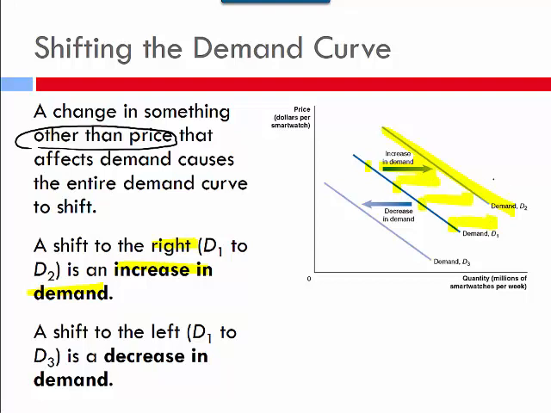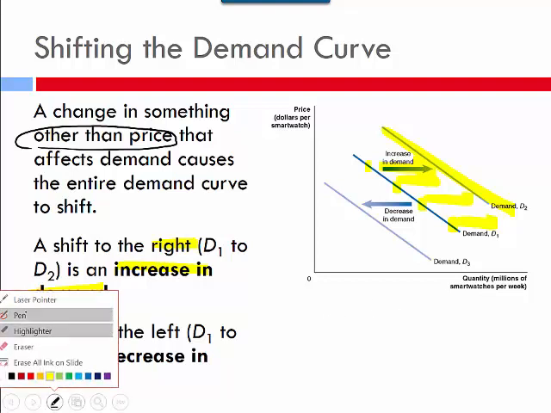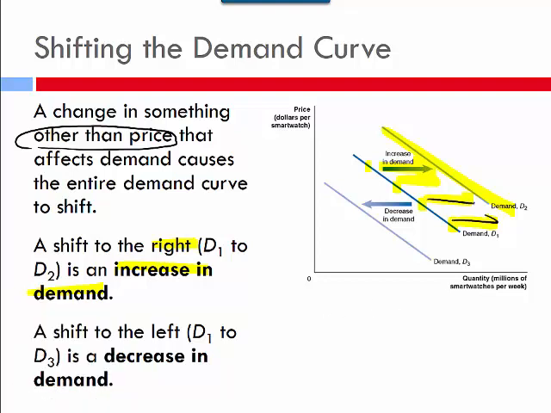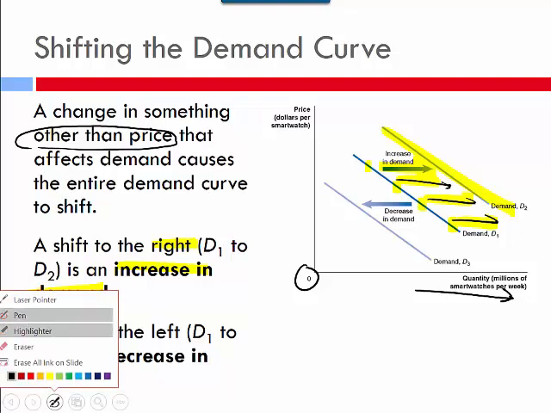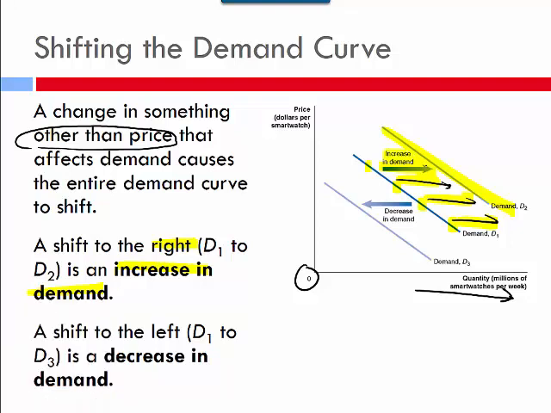So it's not going up, it's going out to the right. Okay, let's go back to the pen. At every single point, we have a higher quantity demanded. We're going out to the right. This is 0. The farther we go out, the higher it is. So that is a shift to the right. That is an increase in demand.